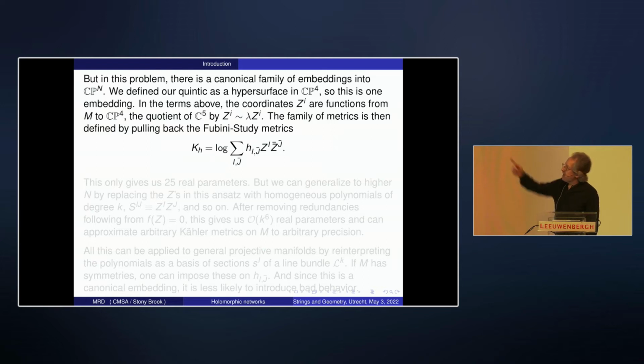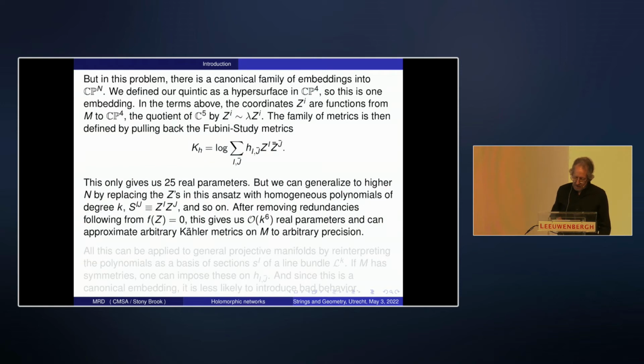And then here is an explicit family, very explicit in this case, of Kähler potentials that we could then say, let's just search for the Kähler potential in this class which is the closest to the Ricci-flat metric. So if I take the z's to be the projective coordinates for the quintic on CP4, then H is a 5 by 5 Hermitian matrix. So I have 25 parameters. So I could get some kind of approximation doing that.